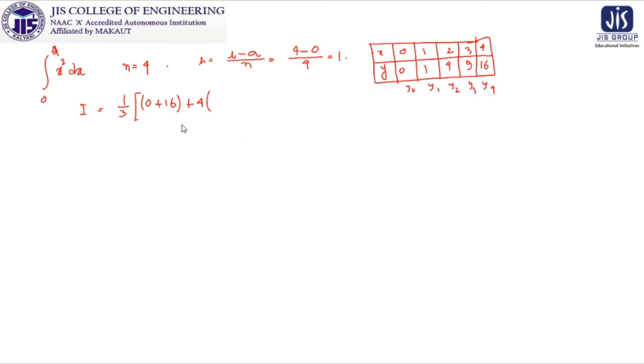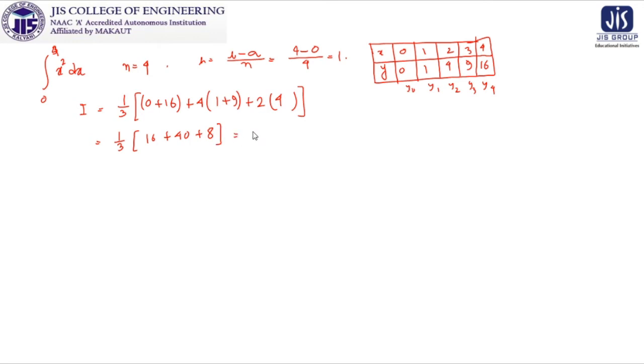So I have already taken 0 and 4, then 1 and 3, that is 1 plus 9, plus 2 into y2, that is 4. So after calculation what we get is like this: 16 plus 9 plus 1, 10 into 4, 40 plus 8.